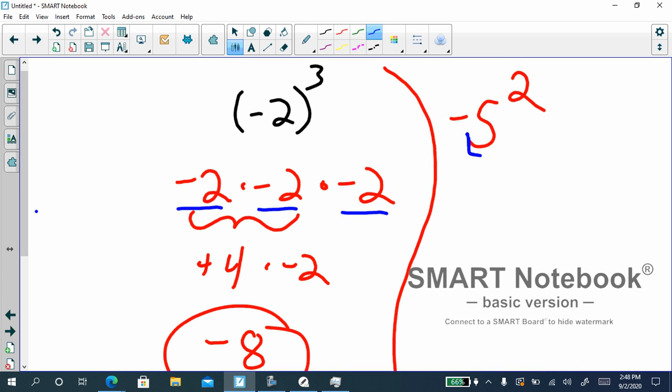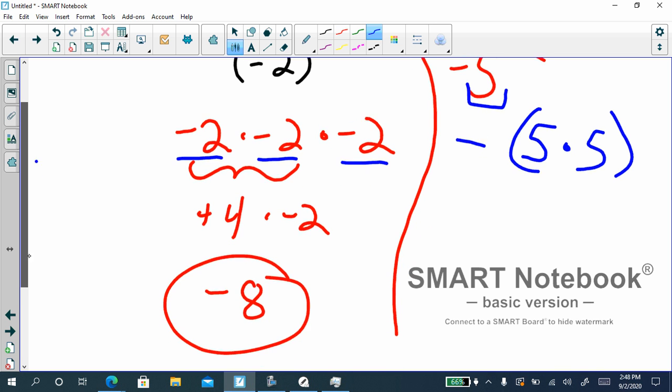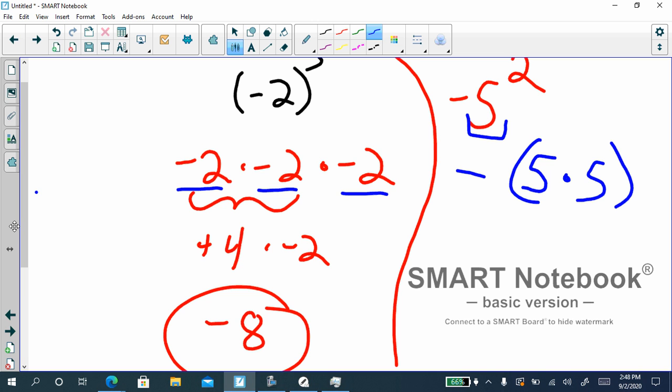The base is just 5. So we write 5 twice. And whatever we get for that answer, we put a negative out front. So if there's a parenthesis around the negative, that is part of the base. But if there is not a parenthesis, the negative is not part of the base, so it doesn't get repeated. So 5 times 5 is 25, and then we put a negative out front.